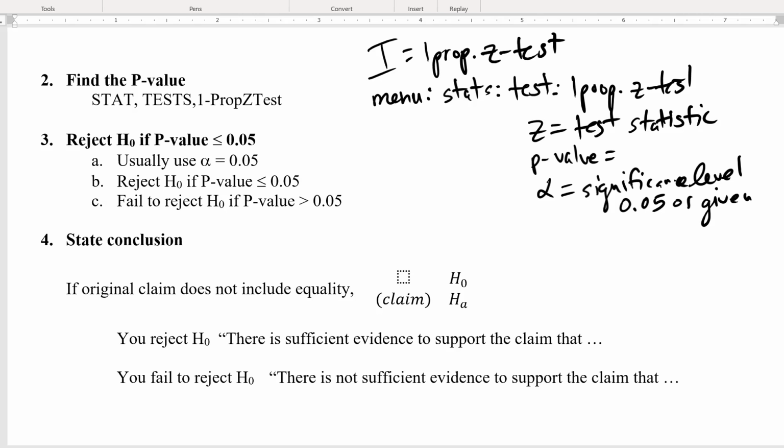Okay? This is basically what we are considering as the allowed probability. If I'm going to allow there to be a 5% probability, and if that occurs, I'm going to say, well, it could have happened by chance. Okay? The p-value is the actual probability of our statistic occurring by chance.